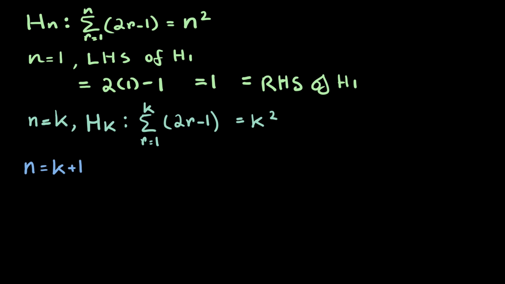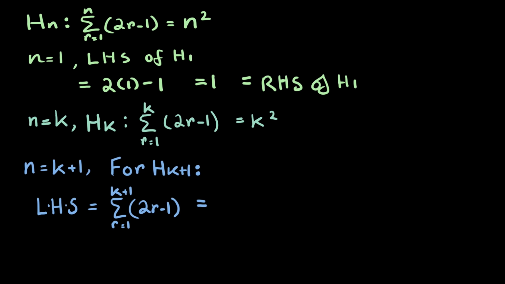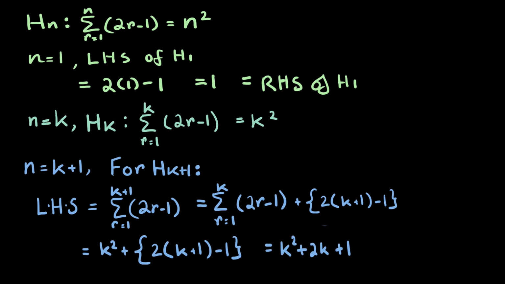So for the left-hand side, this summation till the k plus 1th term can be rewritten as a summation till the kth term plus the individual k plus 1th term itself. We can simplify this and then get k square plus 2k plus 1, which we know is equals to k plus 1 whole square.